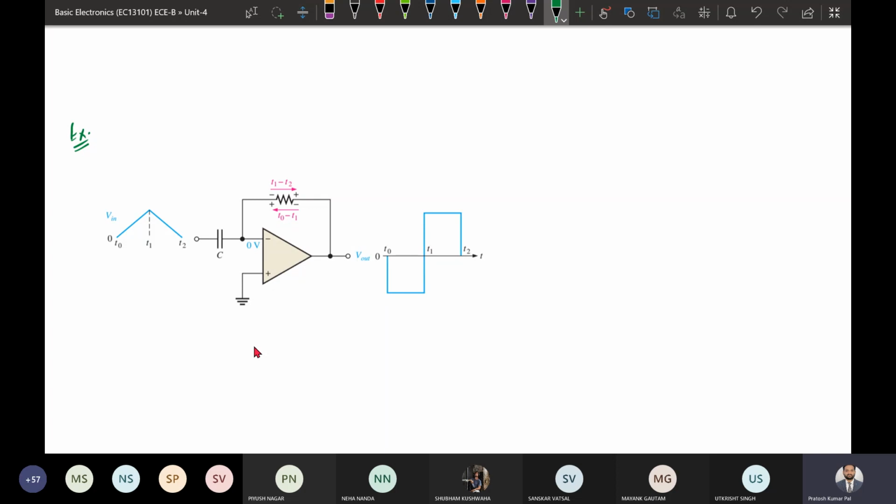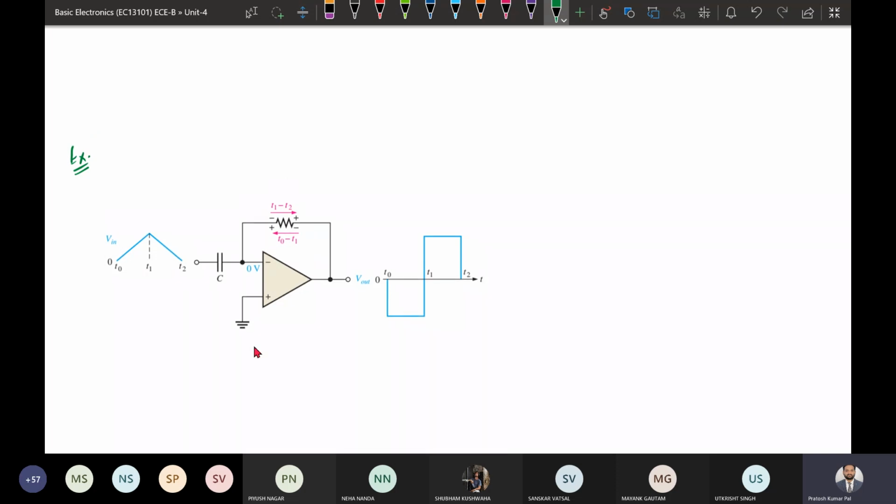From the output that we have just obtained, V output is equal to minus RFC dV by dt. From there we can see that dV in by dt means the slope of the input voltage. So this is the input slope.